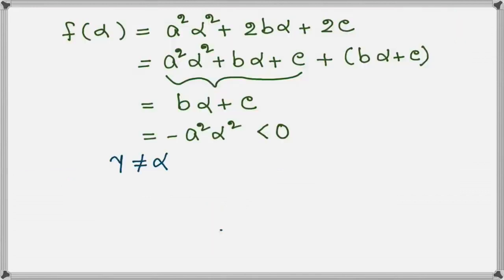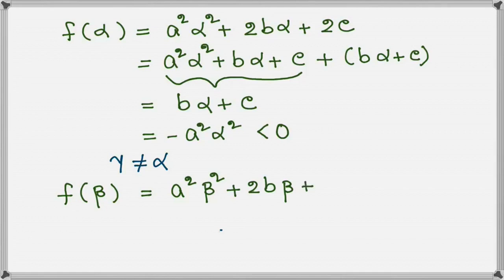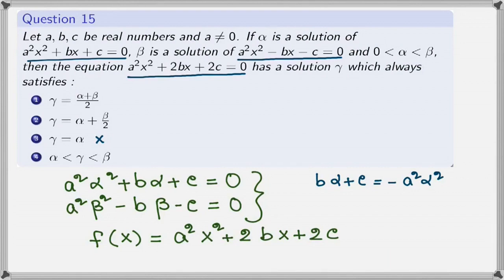Now we compute f of beta. f of beta is equal to a square beta square plus 2b beta plus 2c. We can note that here a square beta square is equal to b beta plus c.